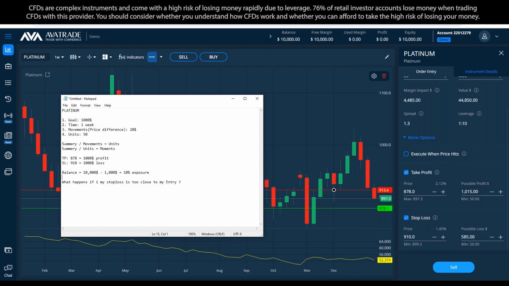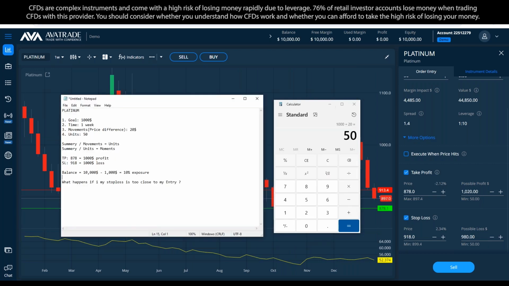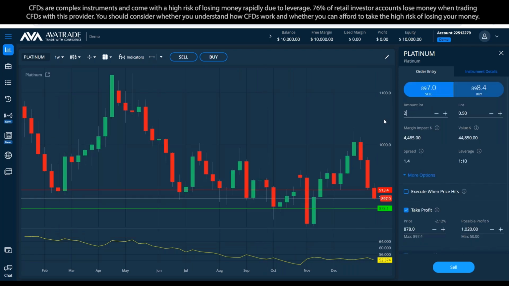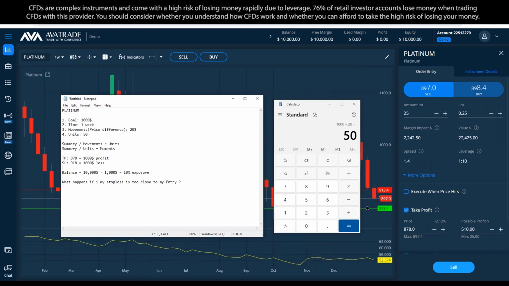What I can do is to diversify. I can either diversify or compound. So if I want to reduce my exposure, what can I do? I can just lower the lot size to 25, and then my loss is 500. If my target would have been $1,000, it doesn't need to be in a single position, right? This is for you, Sol.